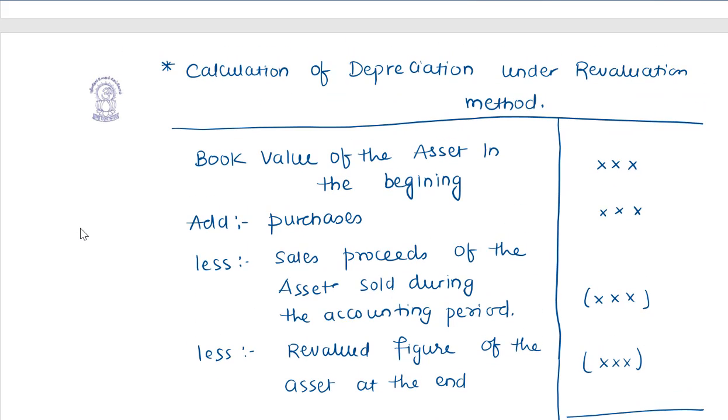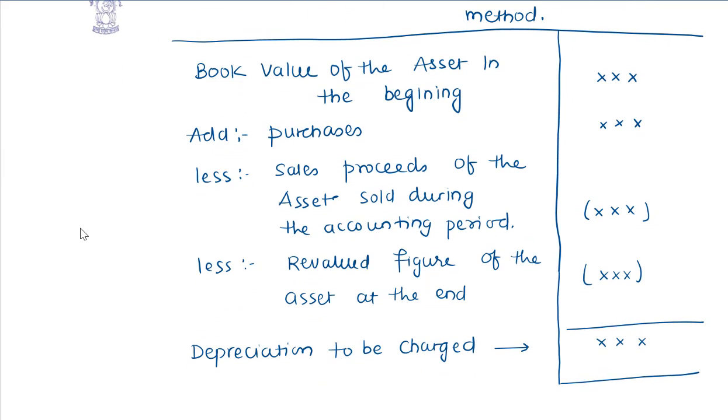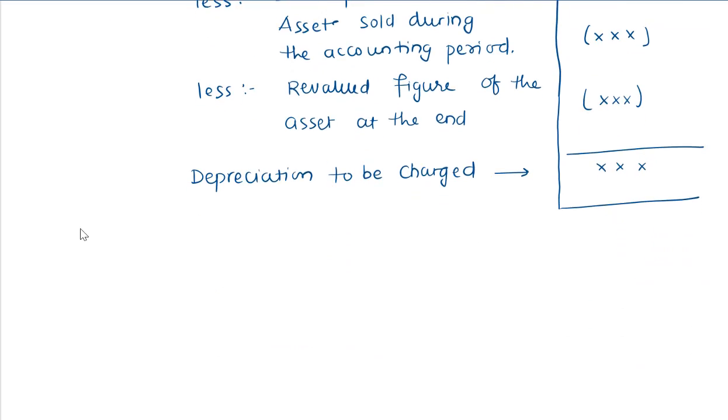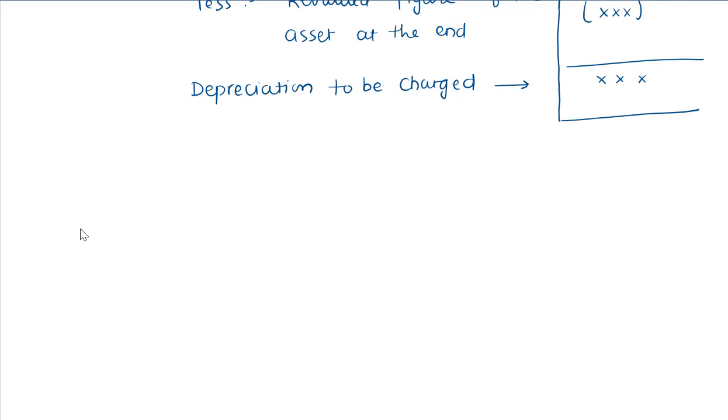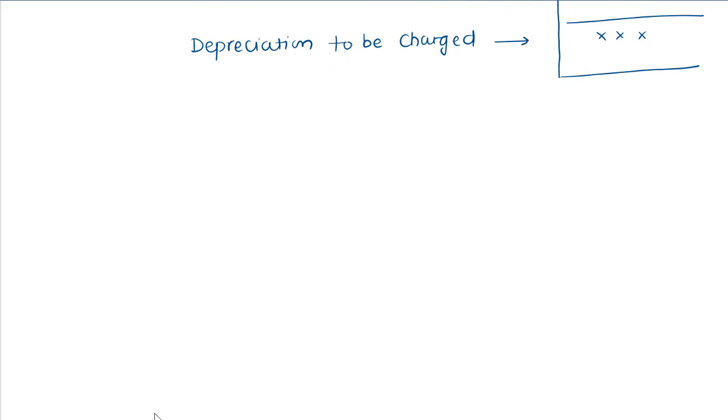Calculation of depreciation under revaluation method: book value of the asset in the beginning, add purchases, less sale proceeds of the asset during the accounting period, less revalued figure of the asset at the end, what we get is depreciation to be charged. Write a note over here.